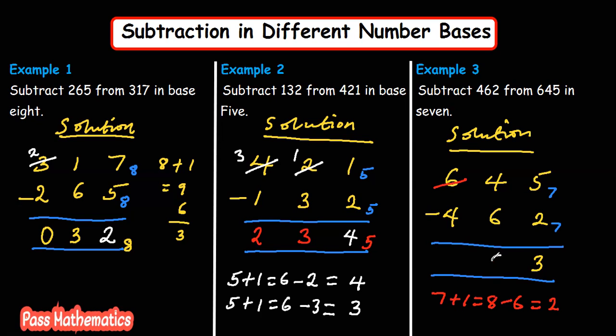And then here, when we borrowed 1 from this guy, we have 5 left. So 5 minus 4, we can do that, and then we should have 1. So our answer is 1, 2, 3 in what base? In base 7. So this is how to subtract numbers in different bases.